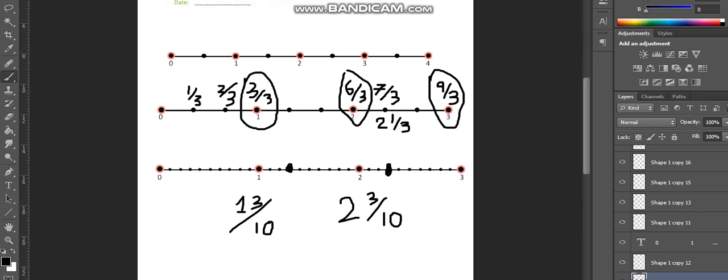Another kind of exercise that might have to do with mixed fractions is one that asks me to turn improper fractions into mixed fractions, or vice versa. So let's say, for example, that I have the improper fraction 20 ninths, and I want to turn it into a mixed fraction. How would I go about that?